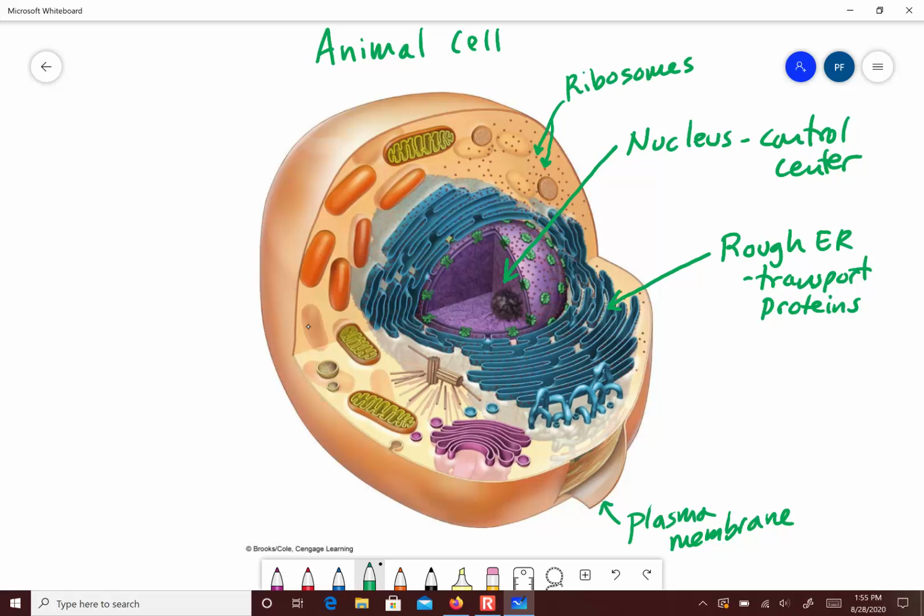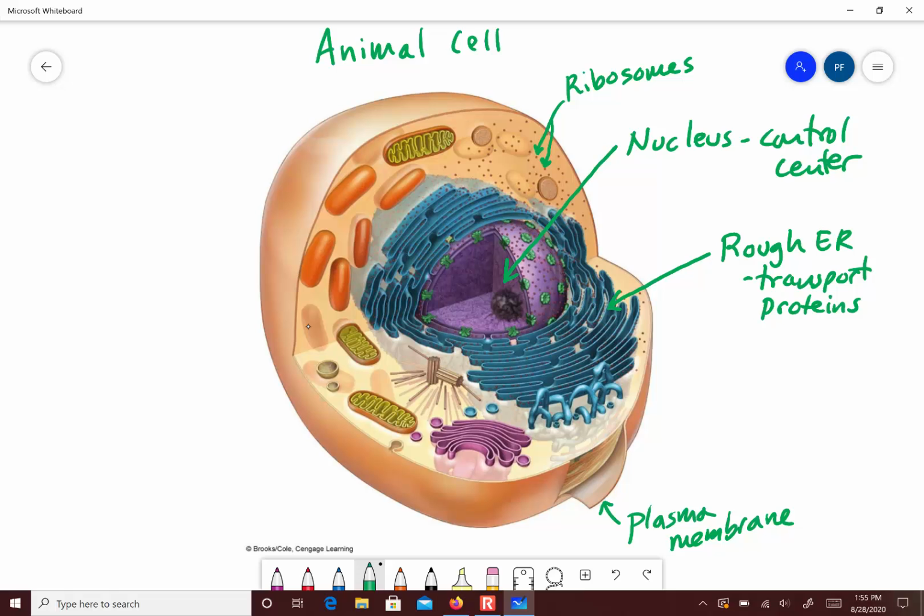We saw those in the bacteria cell. And notice, it's actually easier to look at the top because all this blue color around the nucleus is the rough ER. If you look at the rough ER on the top part of the nucleus, you can see it has little red dots on it. Those dots on the rough ER are ribosomes.